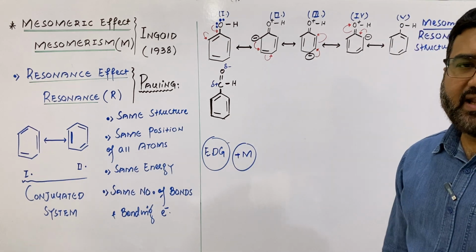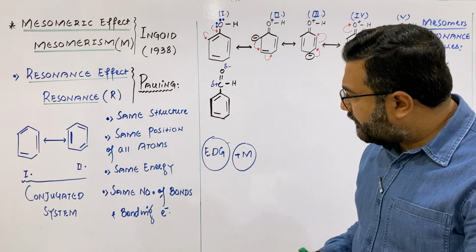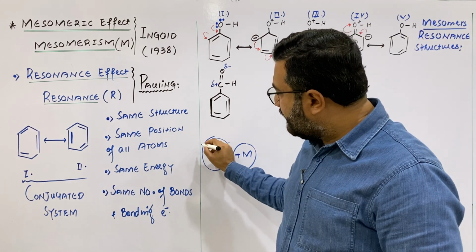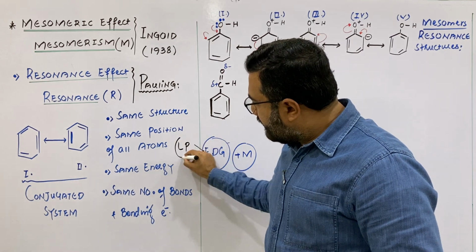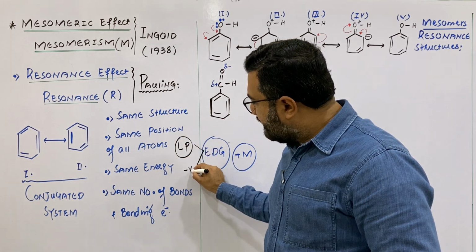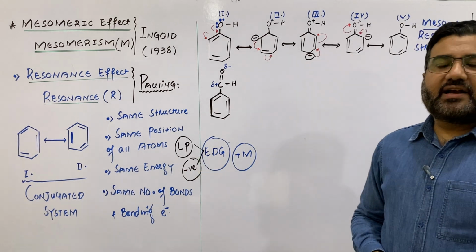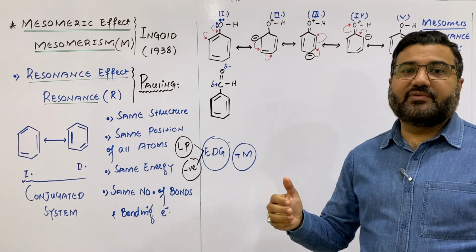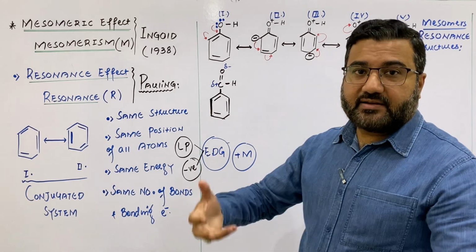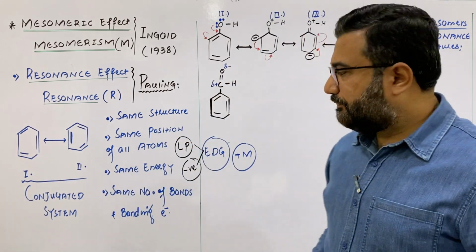There are so many examples of positive M groups, but keep in mind that all positive M groups or all electron donating groups have either a lone pair of electrons or they carry a negative charge. Because when an atom carries a lone pair of electrons or a negative charge, it is said to be electron rich. And an atom which is electron rich can donate electrons to the conjugated system.